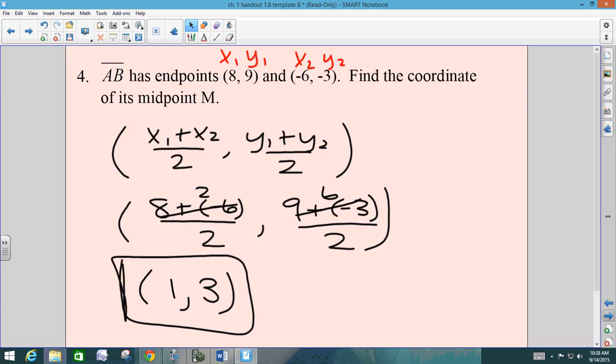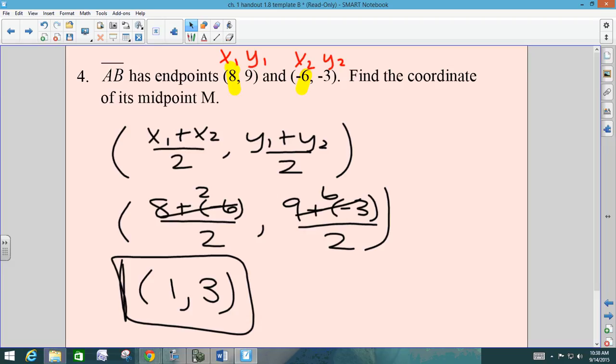And you can double check these. If it's the midpoint, you guys told me it has to be in the middle, right? 1 is the x value of my midpoint, so I'm going to look at the x values of my endpoints, 8 and -6. How far is 1 from 8? 7.